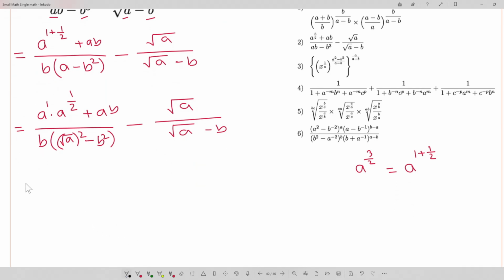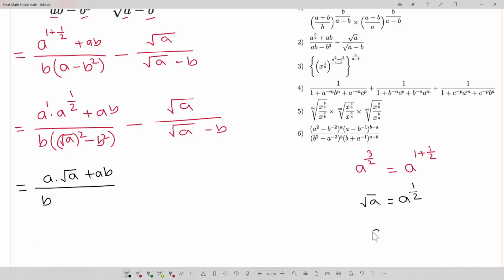Now we know root a means a to the power 1 by 2, so simply we can write a times root a, plus ab divided by b.